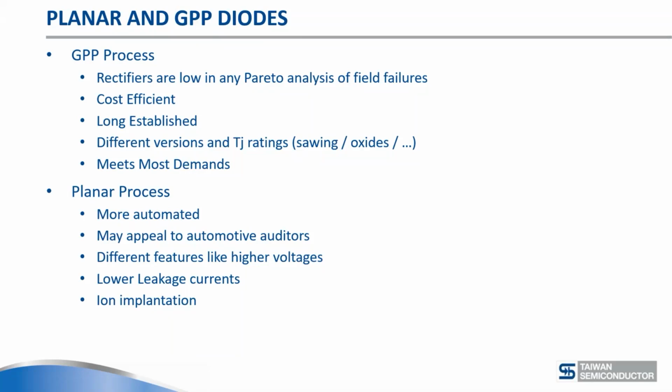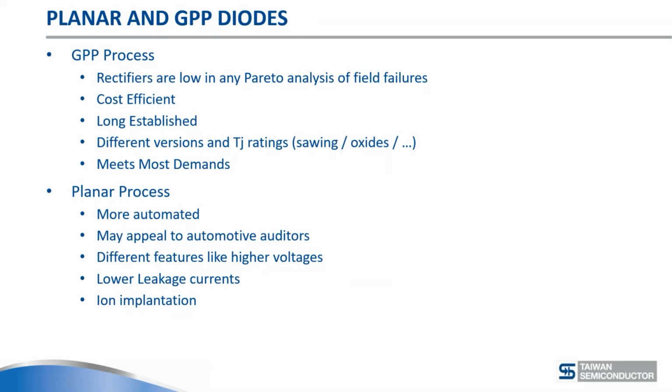They're cost efficient and long established, and there are different junction TJ ratings. When we say different ratings on GPP, it means either 150 or 175 degrees C. The difference is that there are different ways of sawing the die, different ways of making oxides, and that type of thing. So the GPP process meets most demands.